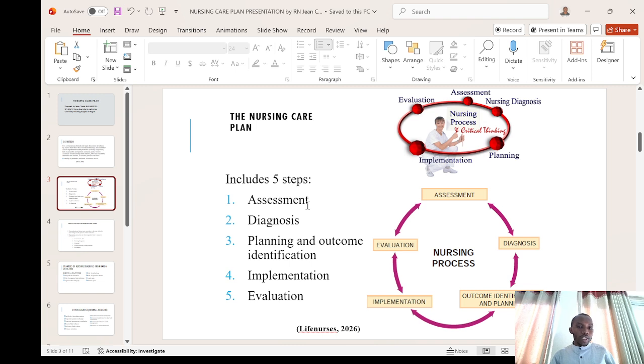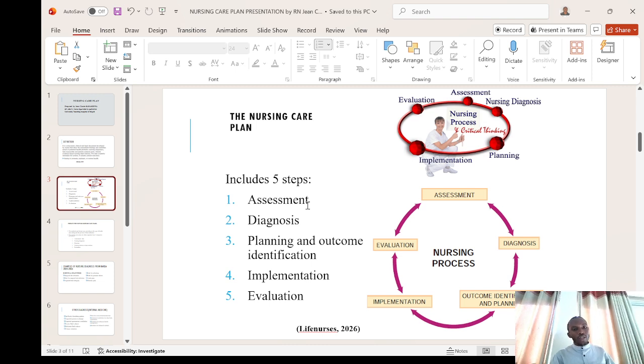The subjective data is the basic information you collected during history taking, and the objective data is the information you got from the physical examination you have done, the investigations you took, and the imaging studies. They are found in objective data.